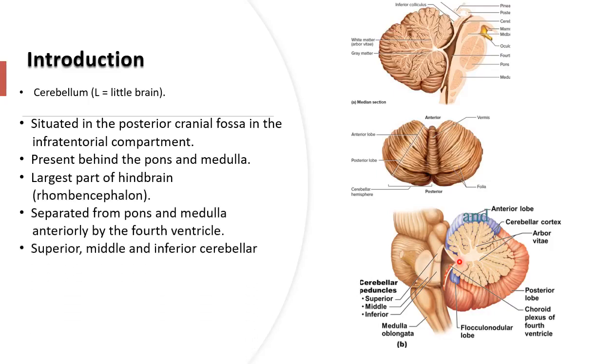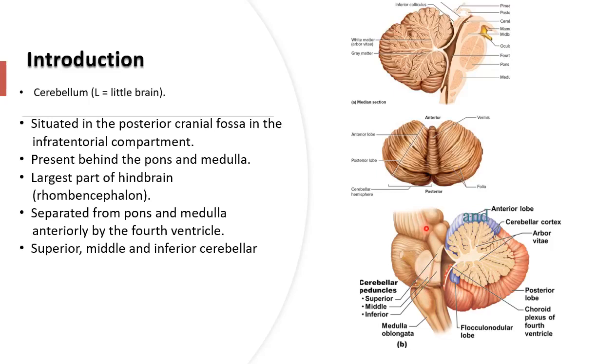Then it is connected to the brain stem, mainly the midbrain, pons, and medulla, by three peduncles which you are able to see here: the superior cerebellar peduncle from the midbrain, the massive middle cerebellar peduncle from the pons, and the inferior cerebellar peduncle from the medulla.